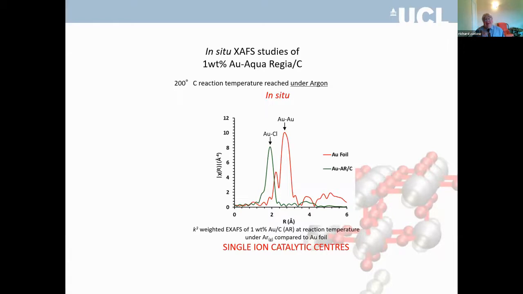The peak you see, you can assign to gold interacting with a chloride ion. So in fact, what you have is not nanoparticles. When the catalyst is operating, you have single gold cations. And complementary computational work showed that both aurous gold, Au+, and auric gold, Au3+, could affect this catalytic process.